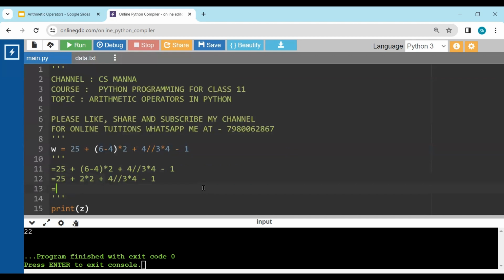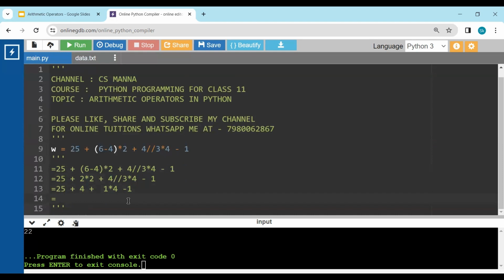Now, obviously, we do the multiplications, and so this is 4 plus. Now, here, which order? They are of the same priority, so we do left to right. So 4 divided by 3 is 1 point something, so we will write 1 into 4. 1 into 4 is there, and minus 1.